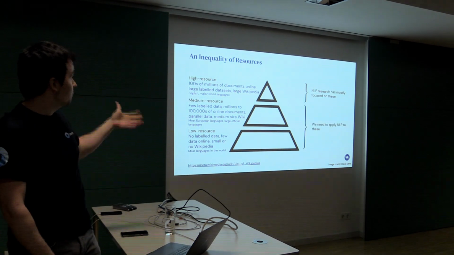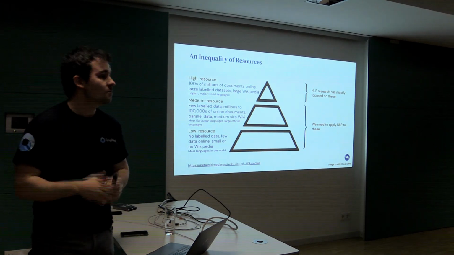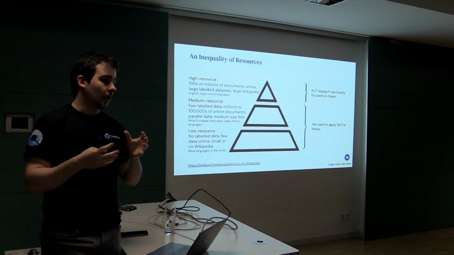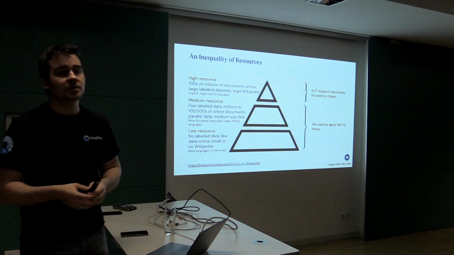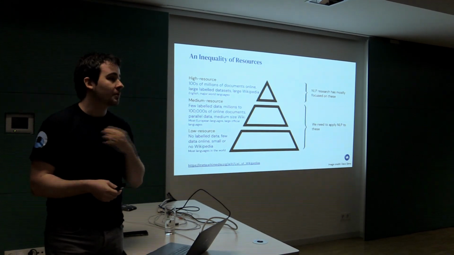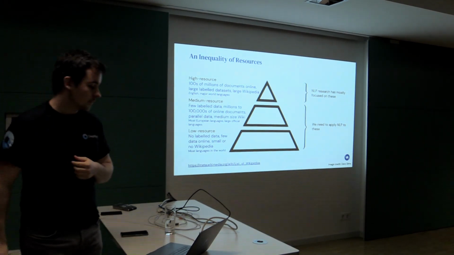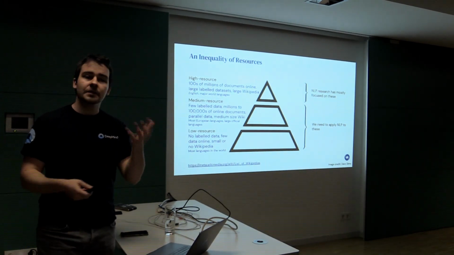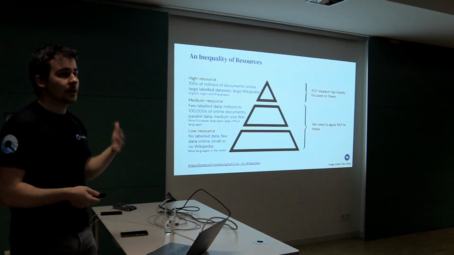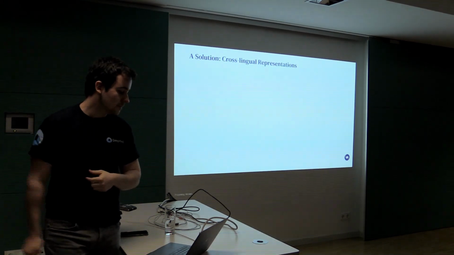So in general, most of NLP research has really focused only on the tip of this pyramid, of this iceberg, while most of the more than 6,000 languages that are spoken around the world are a lot harder to work with if you have models that require learning from large amounts of data. And I think this is also one of the motivations for this research direction, that we would like to find better ways to serve the rest of this pyramid.